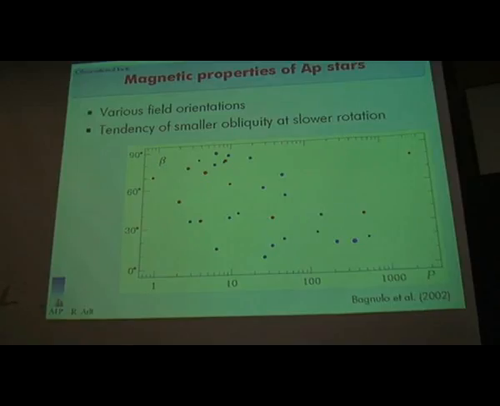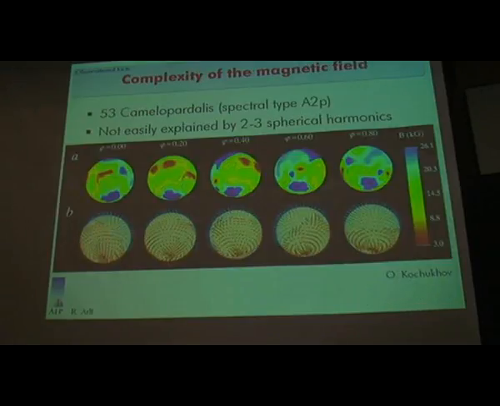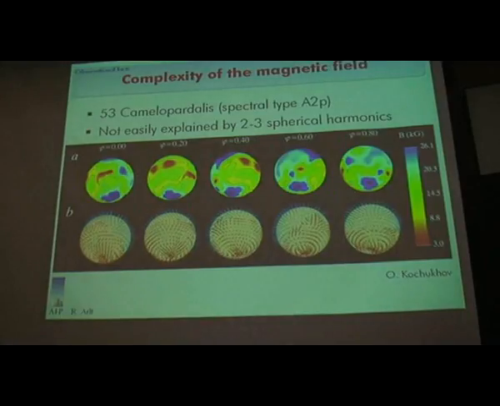But the scatter is real. So these are not only observational inaccuracies. It's a characteristic of these stars that whatever trend they show, they also always show a large scatter of their properties. And the fields can actually be quite complex. This is an example. Usually you would just take a dipole and rotate it, as was done in the graph before, and see which fits best.